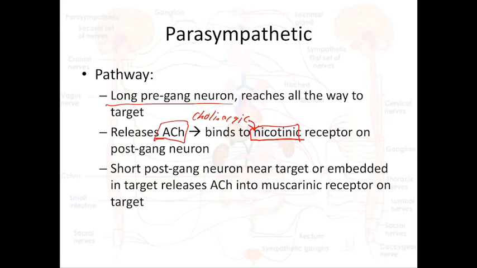Those two go together on the postganglionic neuron. And then the short postganglionic neuron, very short, very near the target, releases again acetylcholine, but this time into a muscarinic receptor, so it's a cholinergic muscarinic receptor. It's always going to be the parasympathetic pathway.